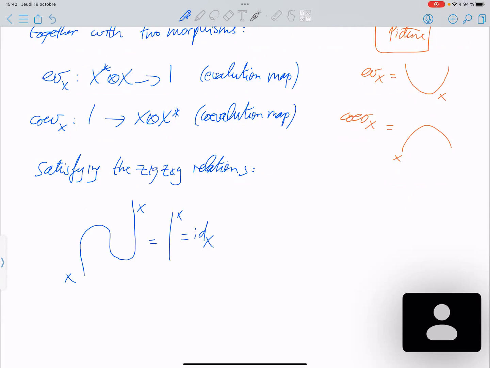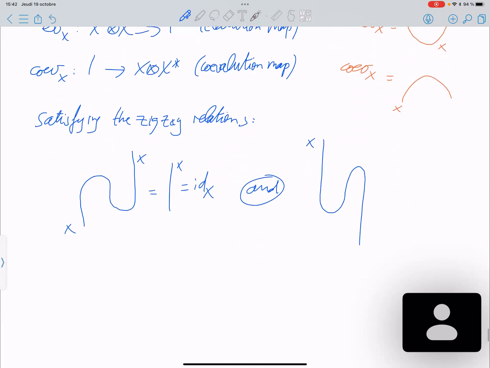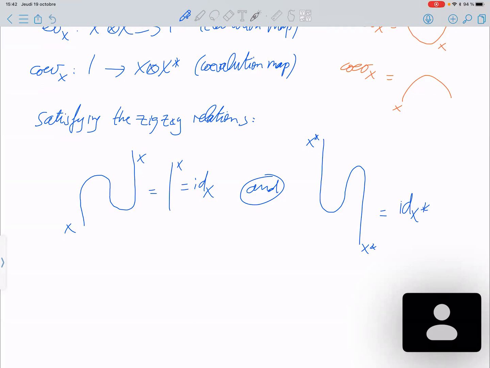And the other one, identity of X star, evaluation, co-evaluation, identity, equals the identity of X star.